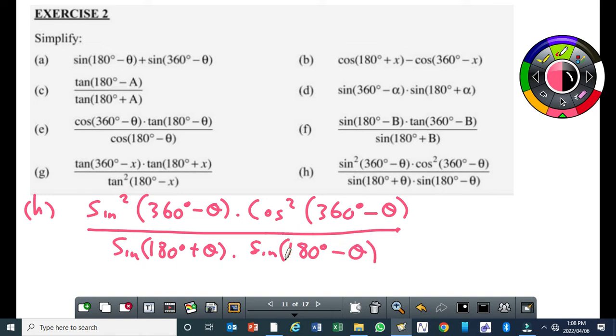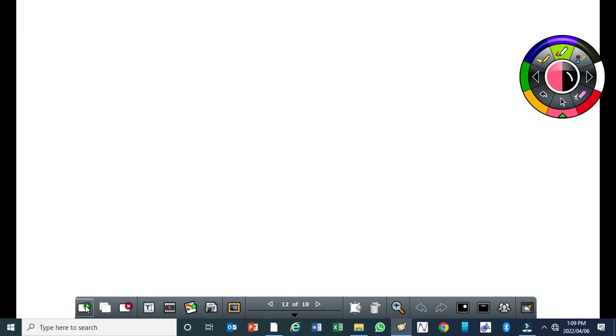Alright? Now, first, since this is your first lesson on using reduction formulae, I'm just going to take you to basics for the numerator. Okay? Sine squared of 360 minus theta is the same as sine of (360 degrees minus theta), all squared.